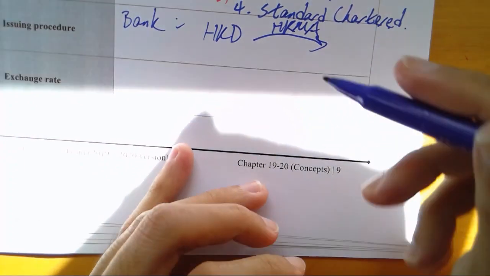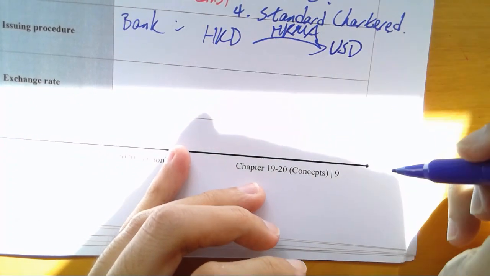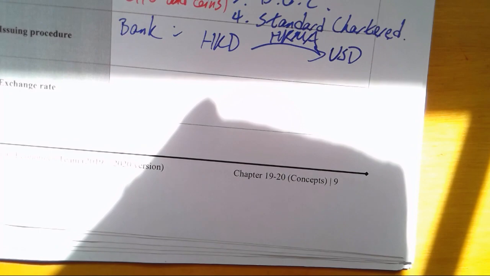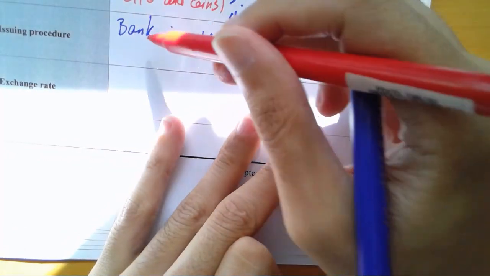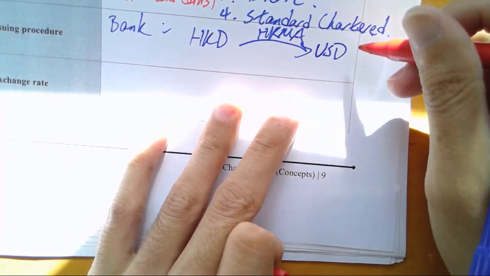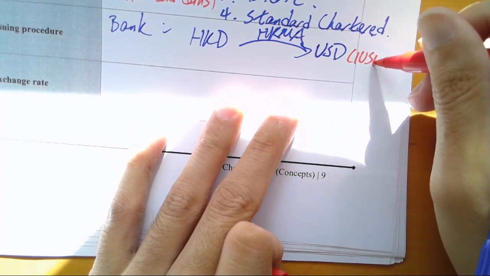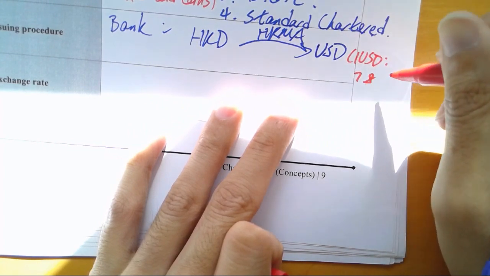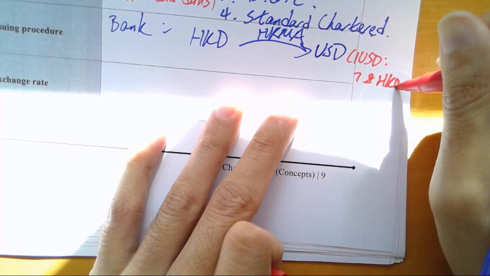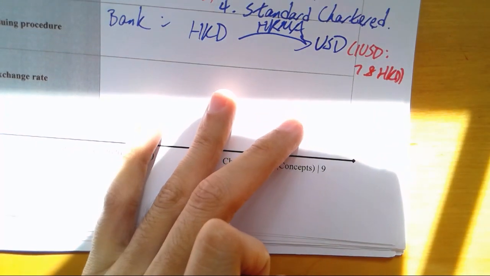some amount of US dollar, okay, and the rate between HKMA and bank will always be 1 USD to 7.8 Hong Kong dollar, always, won't change.